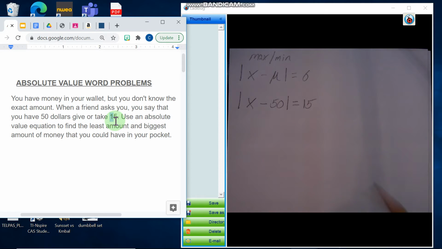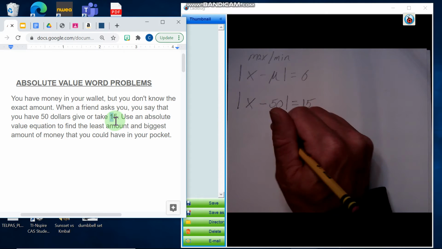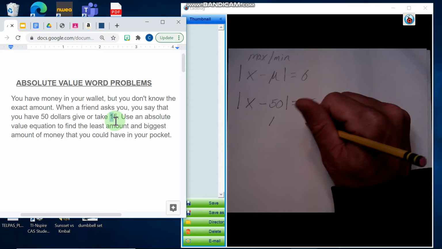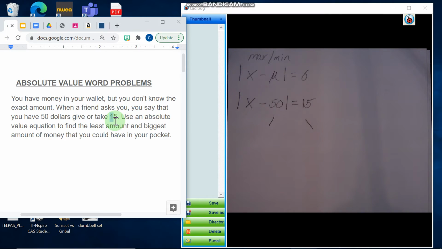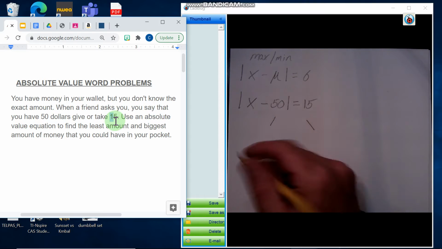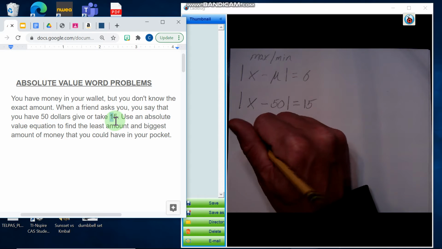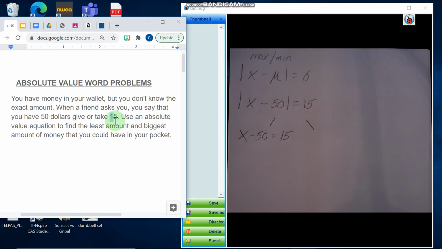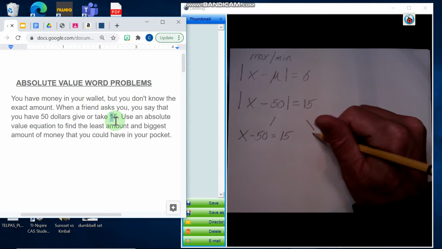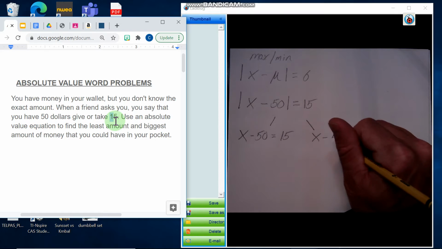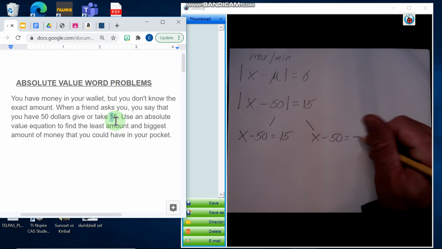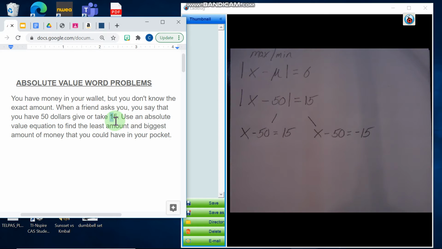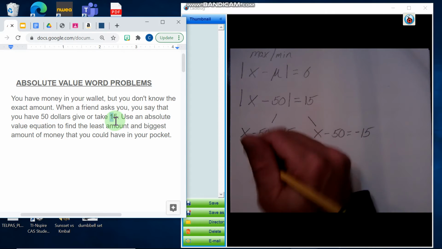Then to solve this, you just use the skills you learned last week on solving absolute value equations. You write your positive equation, x minus 50 equals positive 15, and you write your negative equation, x minus 50 equals negative 15. Then you solve this one-step equation.